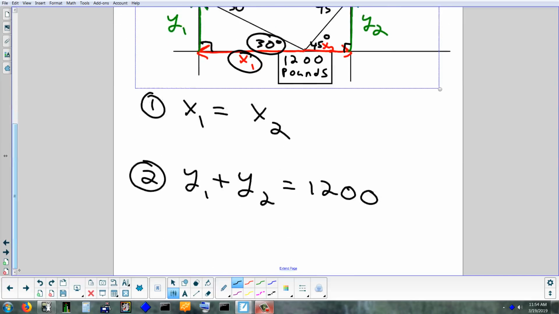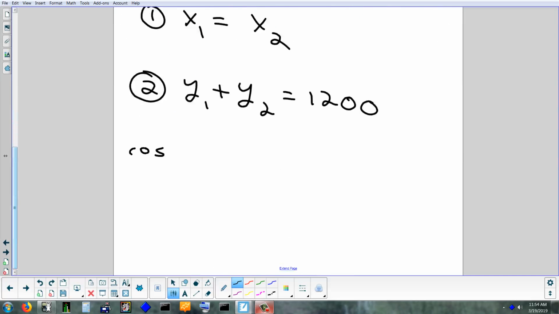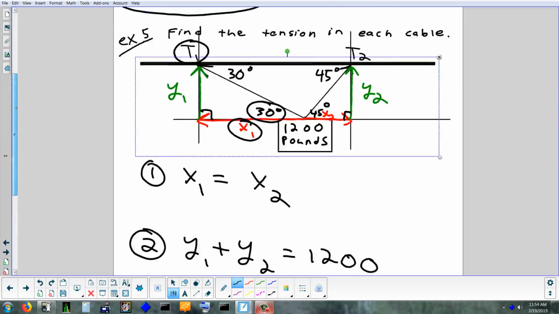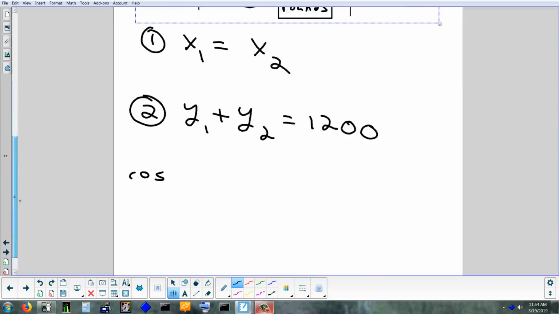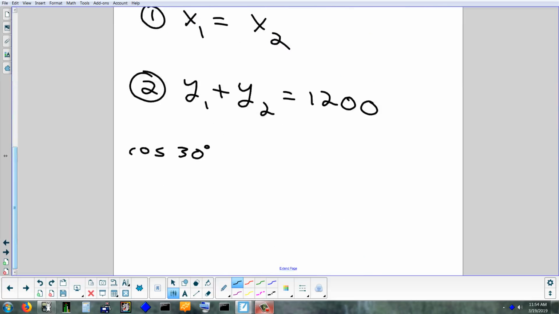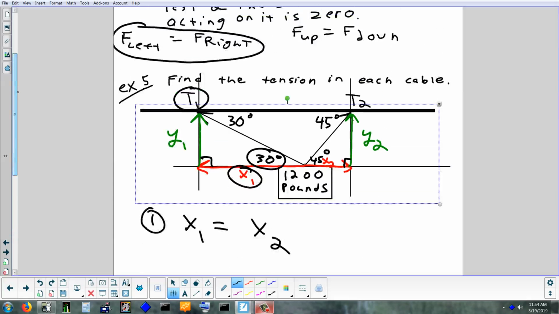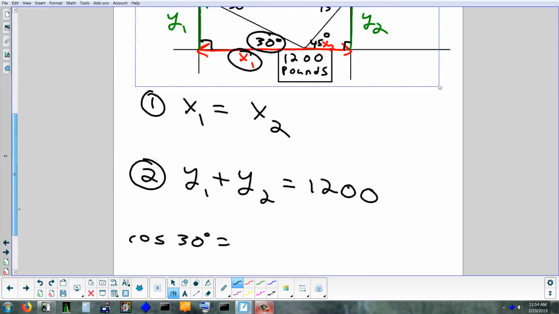So let's set this up. Cosine of what angle am I using? 30. Yep. Cosine 30 equals adjacent over hypotenuse. X1 over T1.